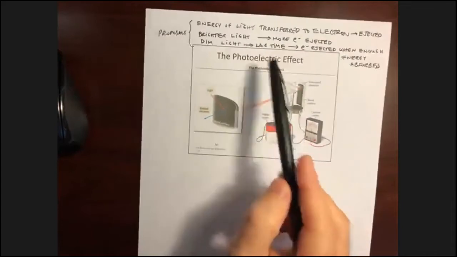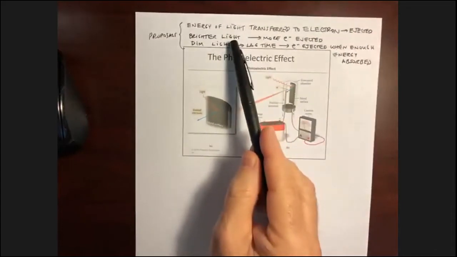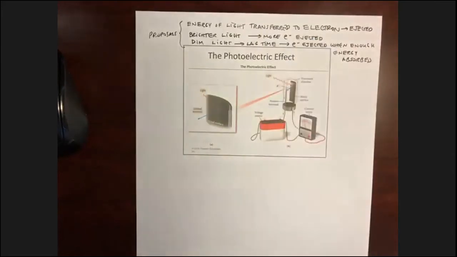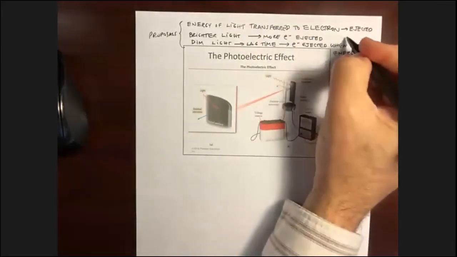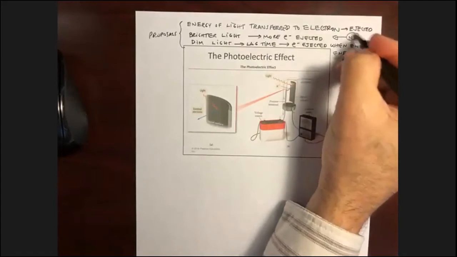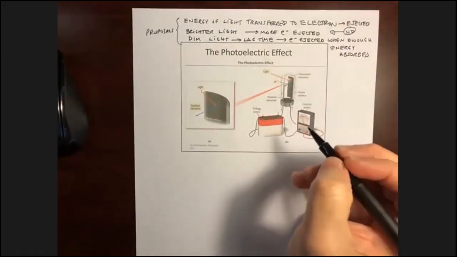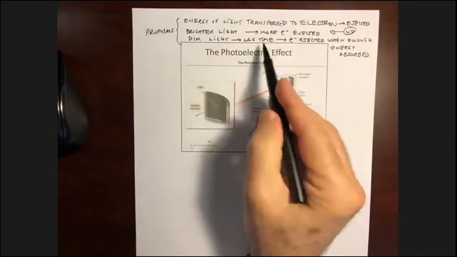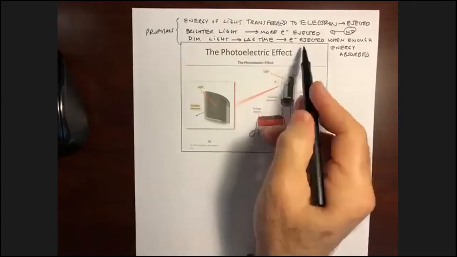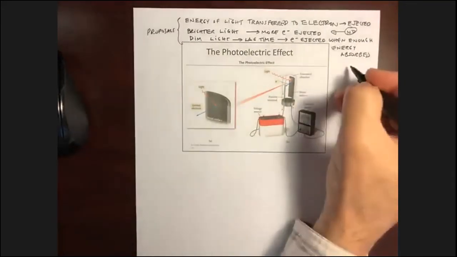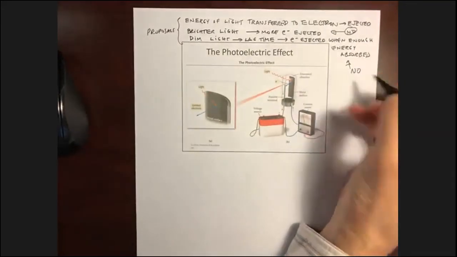The expectation was that if I shine brighter light, more electrons are ejected. That didn't happen. The other expectation was that if I shine dim light, there'll be a lag time, but after a while, electrons will be ejected when they have enough energy absorbed. It turns out that was a no.